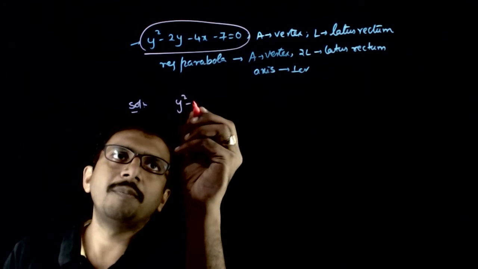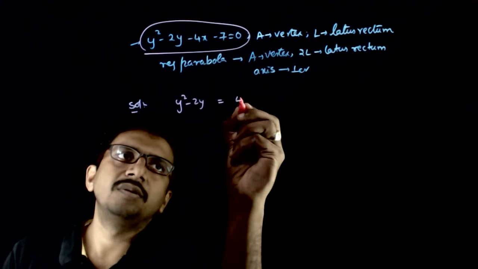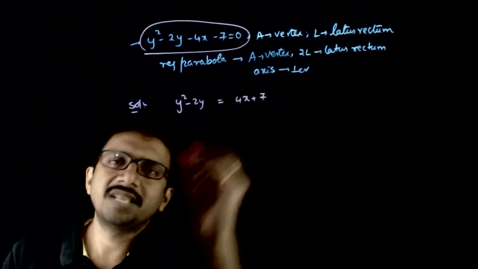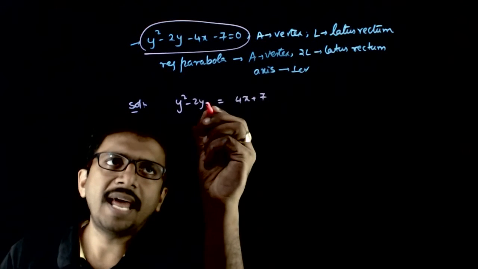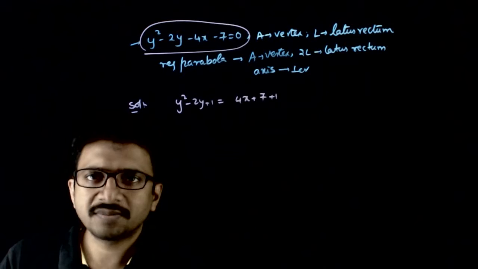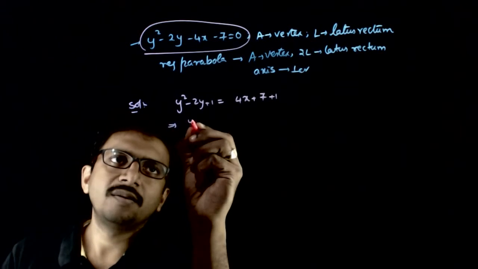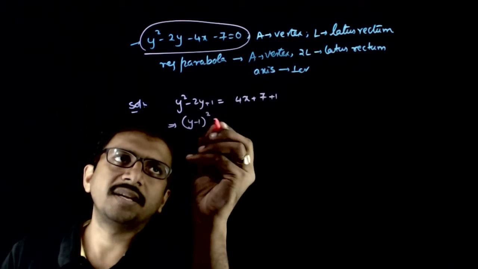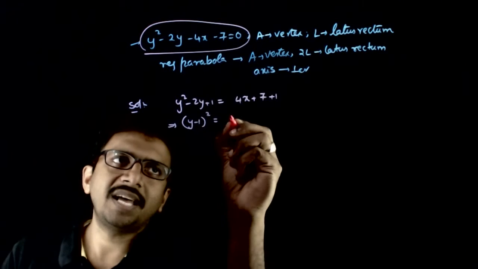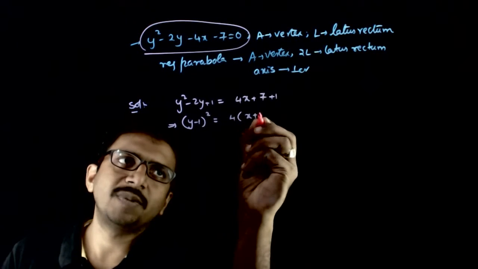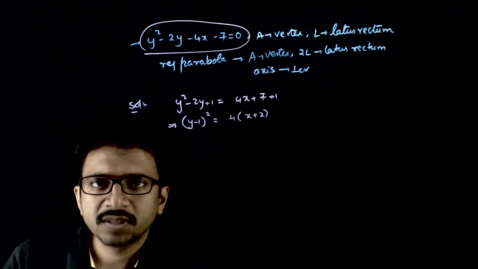So y² − 2y = 4x + 7, and I'll add 1 on both sides. This implies (y − 1)² = 4x + 8, which becomes 4(x + 2).